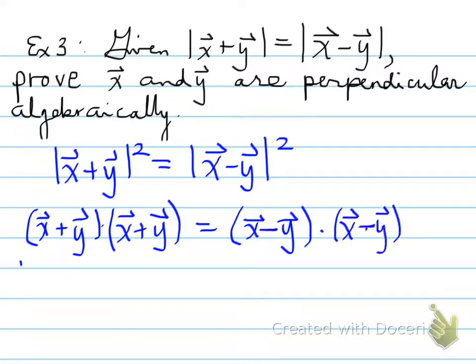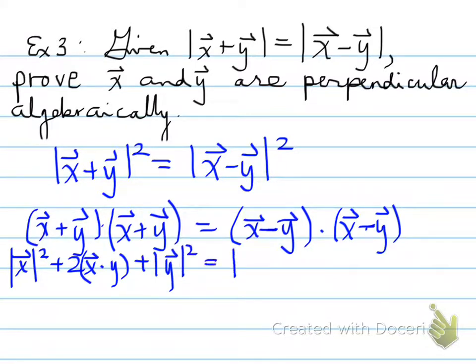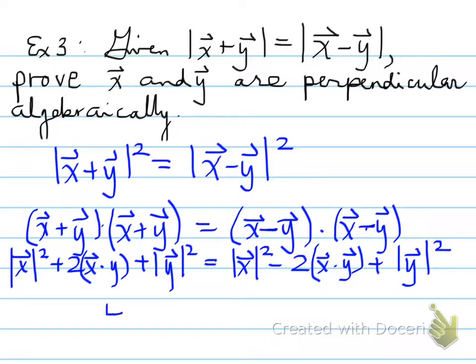dot x minus y. So what we will result in is we can expand this so that we have x dot x, which is magnitude of x squared, plus 2x dot y, plus magnitude of y all squared is equal to magnitude of x all squared minus 2x dot y plus magnitude of y squared.